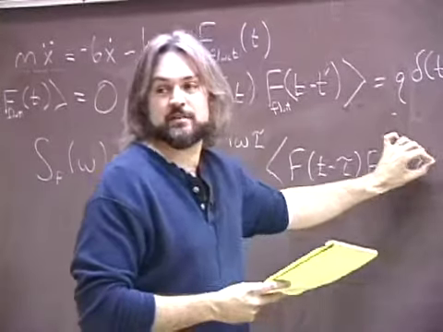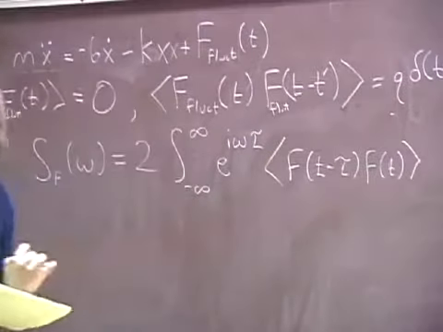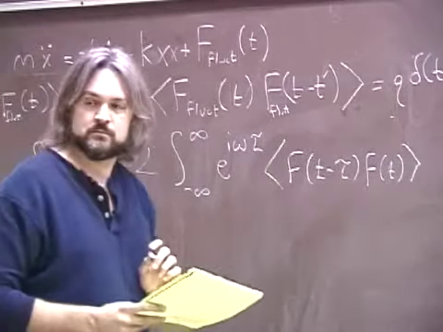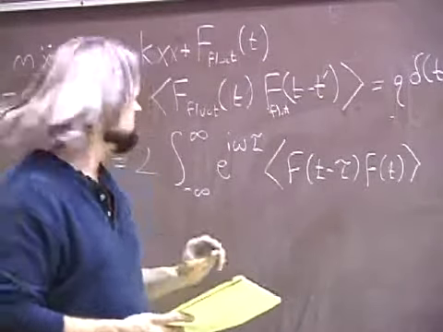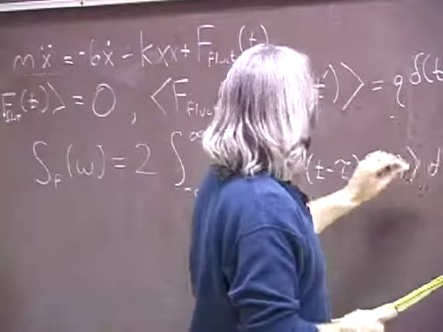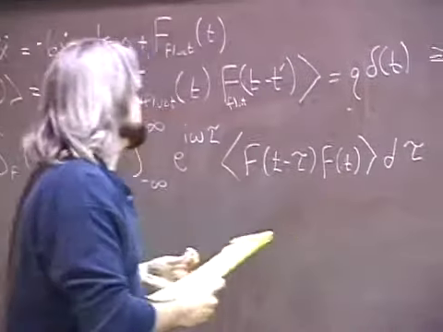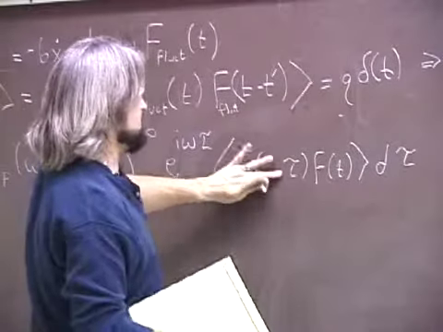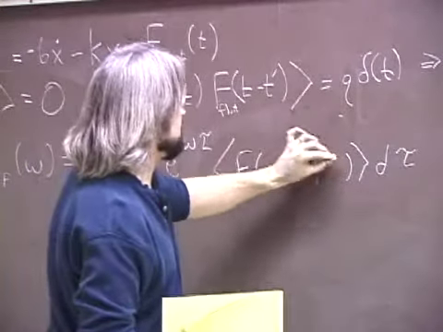This is the Wiener-Khinchin theorem, which is in the reading that I gave you late last week. Now we assume the process is stationary, therefore independent of t, so this actually just becomes equal to this.